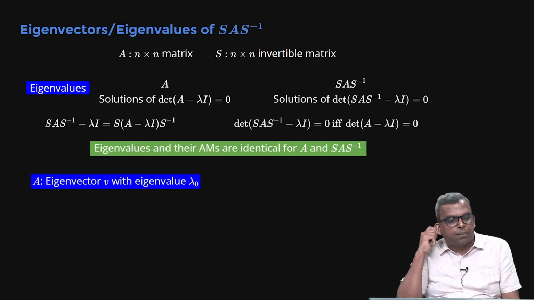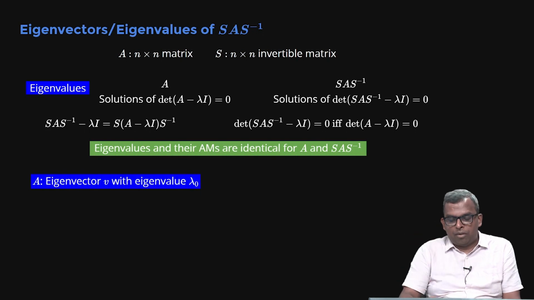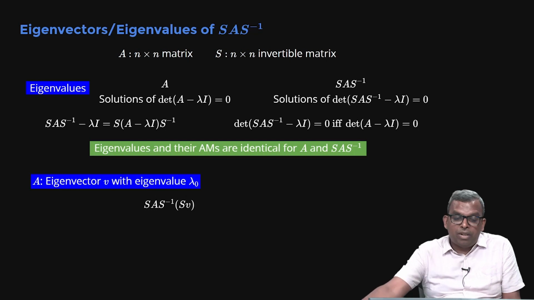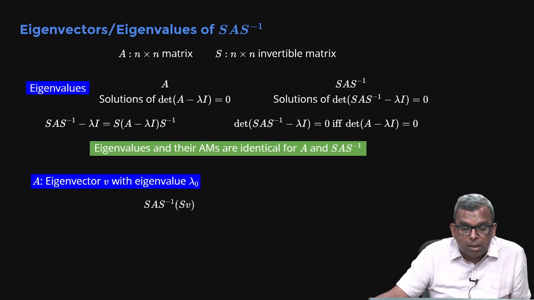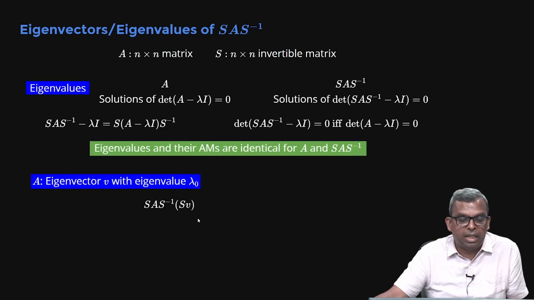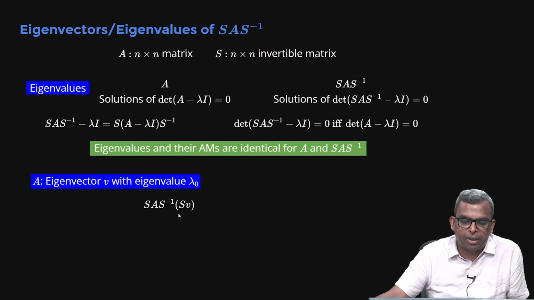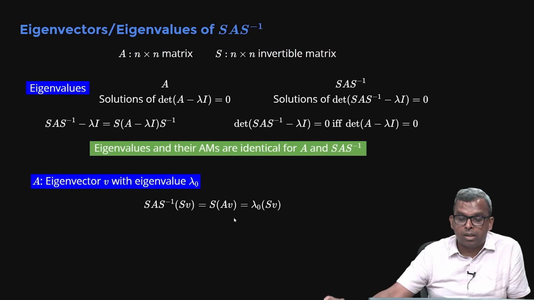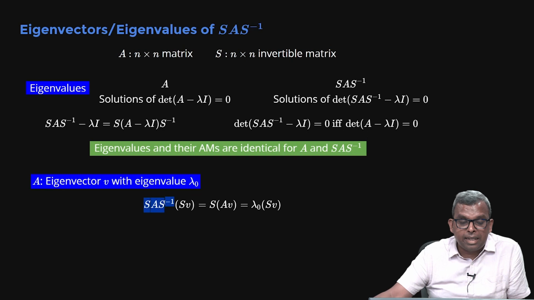What about eigenvectors? Let's start with an eigenvector V with eigenvalue lambda naught for A. We look at S A S inverse multiplied on the right with S times V, not V. This S V is chosen appropriately, because S inverse S will cancel, and you will simply get S times A V. But V is an eigenvector with eigenvalue lambda naught for A, so A V becomes lambda naught V. Lambda naught comes out and you get lambda naught times S V. Now this is an eigenvalue-eigenvector equation for the matrix S A S inverse: S A S inverse multiplied by some vector is lambda naught multiplied by the same vector.